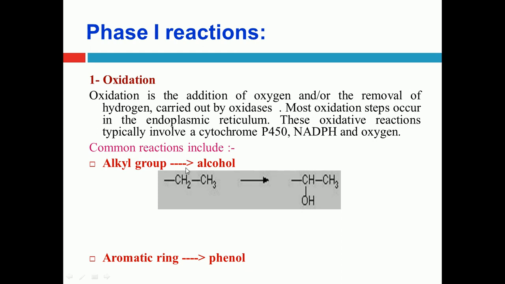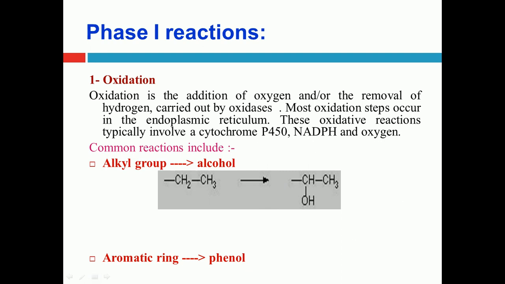It can be converted to alcohol, so addition of oxygen, or removal of hydrogen, one hydrogen is being removed from CH2. You can see the oxygen is being added. This is all called oxidation, and the drug is now more polar. It can be dissolved in water.